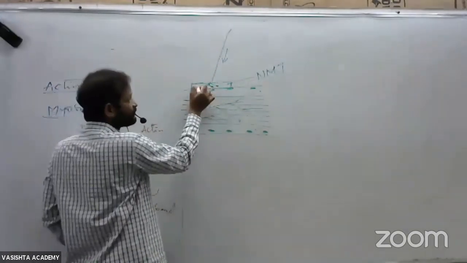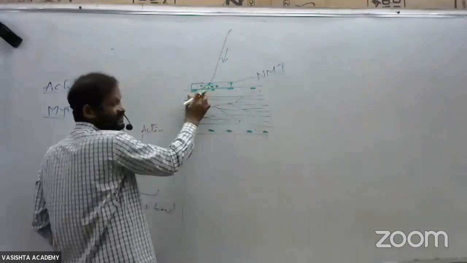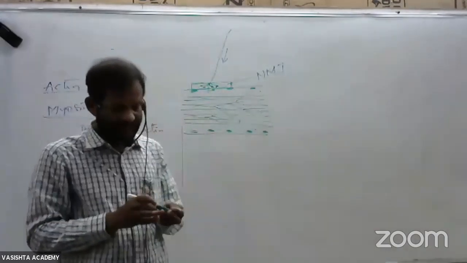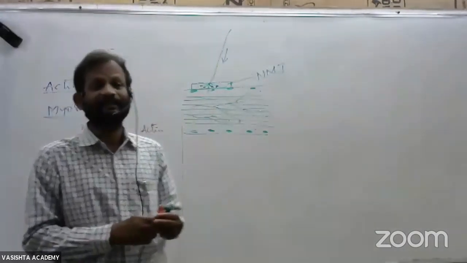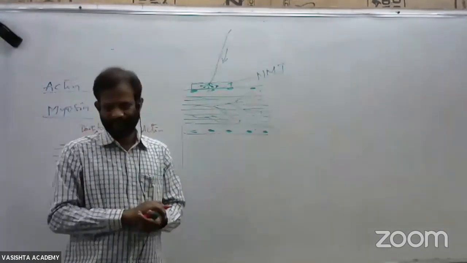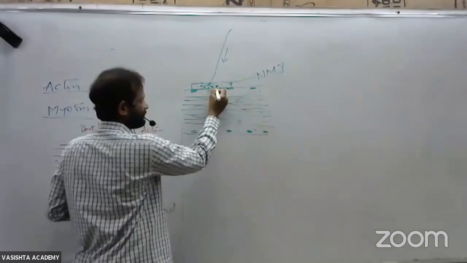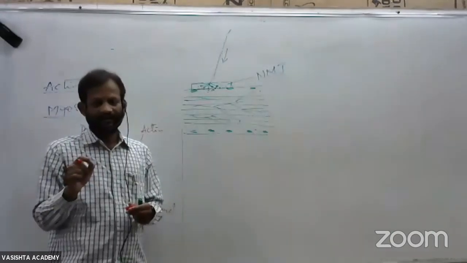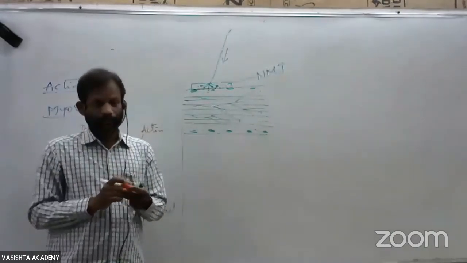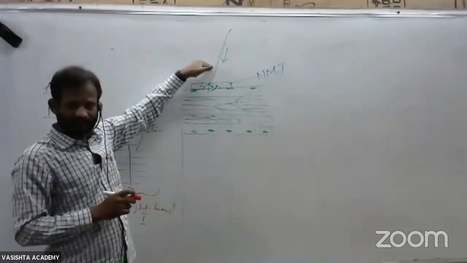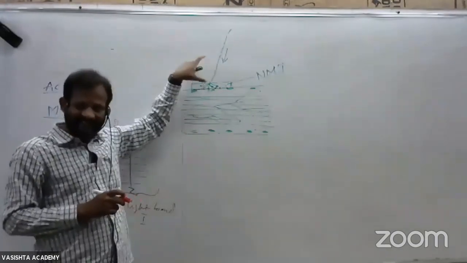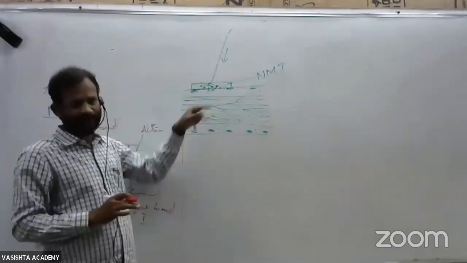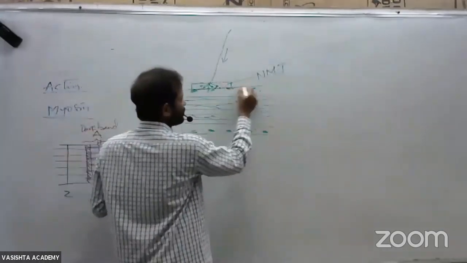At that time, synaptic knobs will release some chemicals on the surface of the sarcolemma. The sarcolemma must have some receptors. What is the meaning of receptor? The structure which receives. Only those receptors will collect the information, and whatever chemicals are secreted in that area can be identified by those receptors. So these are receptors.